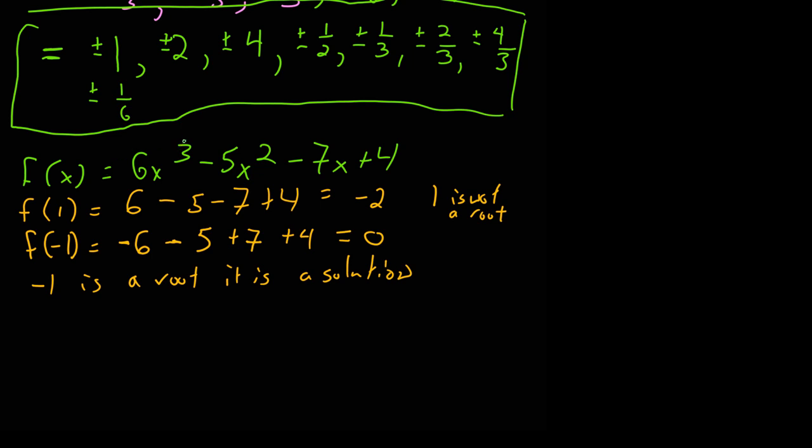Now I know, because this is a third degree polynomial, I have up to 3 solutions to look for. Now I could go through and try each one of these in the remainder theorem to see which ones equal 0. And I know on this problem I will eventually find all of them.